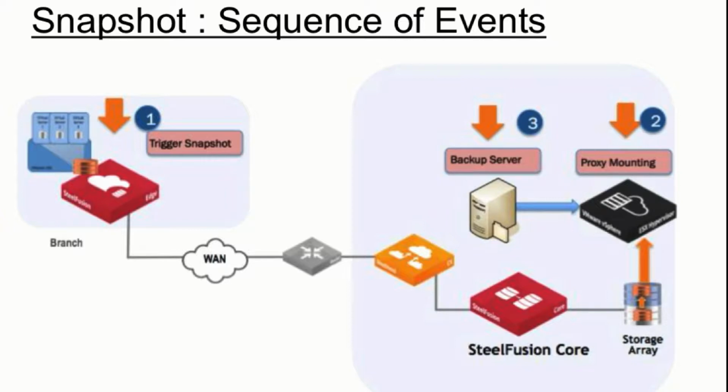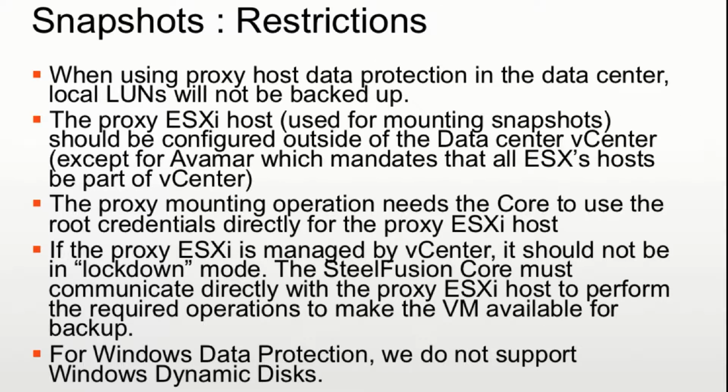The snapshot marker reaches the SteelFusion Core. SteelFusion Core then asks the backend storage array to take a snapshot and clone the LUN. This cloned LUN is then mounted on the proxy ESXi in step number 2 and the VM is registered on the proxy ESXi. Once both of them are done, the backup server can come and take backup of the VMs at their own schedule.